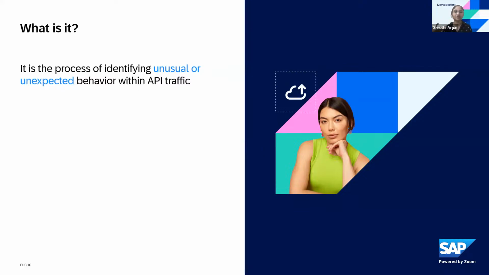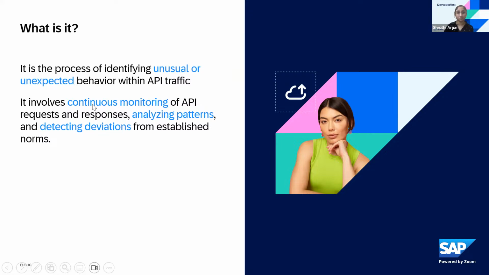And whenever there is a deviation from this pattern, it means something is happening, right? And whenever something unusual or some deviation in the pattern occurs, it normally requires some action to be taken. So this process of really identifying this unexpected behavior is called anomaly detection. We do it on API traffic, so it is API anomaly detection.